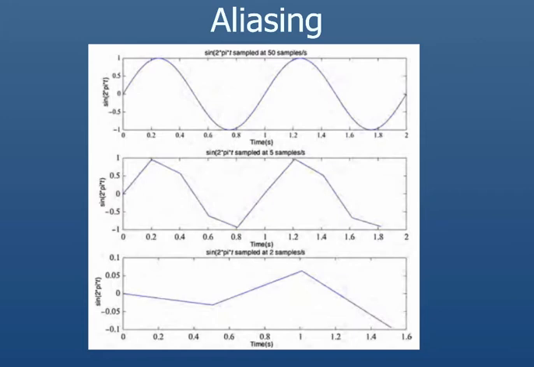This is depicted here, where a sinusoidal function of 1 Hertz is sampled initially at 50 samples per second, then at 5 samples per second, and lastly at 2 samples per second. Clearly, the discretized representation of the original analog signal is very realistic at high sampling rates and degrades perceptibly as the sampling rate is reduced.